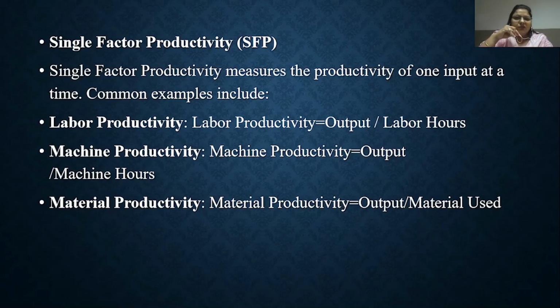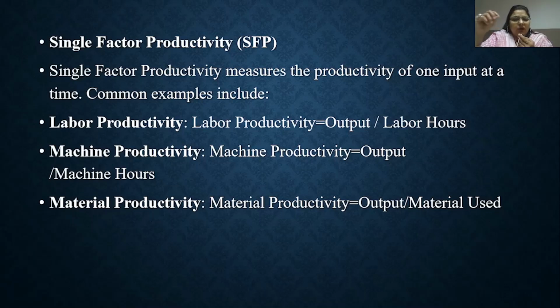It means we check each and every different resource we are using, and we can calculate as per each material, or each aspect, like what kind of labor we are using. So we can easily calculate labor productivity. Is the machine efficient or not, so we can check the machine productivity and material productivity.